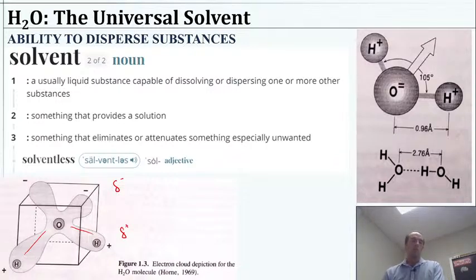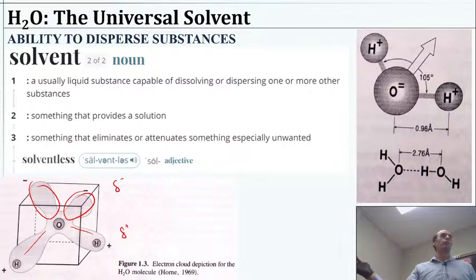We can notice that there's sort of this electron dense area, two lobes, kind of opposite of the hydrogen. And this is what will allow one water molecule to start to interact with another water molecule or some other species in a polar manner.